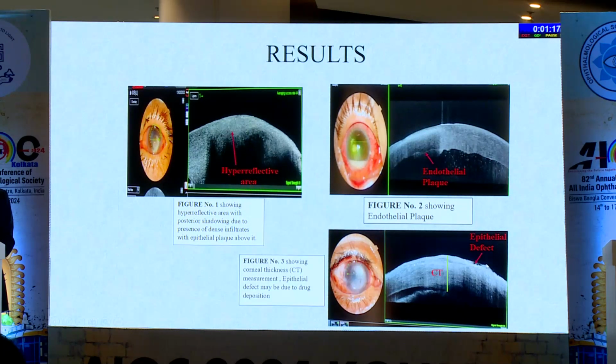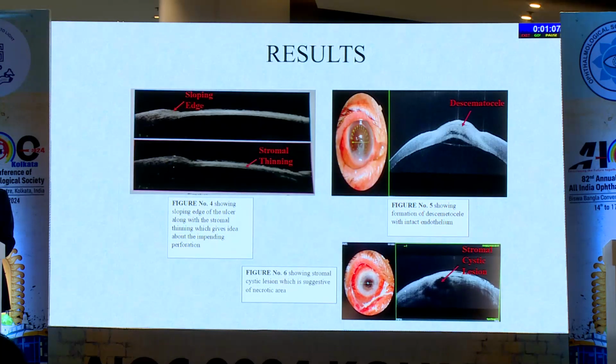There is an epithelial defect seen, which may be because of drug deposition or a pigmented area. This image shows the sloping edge along with the stromal thinning. This image shows the stromal cystic lesion, which is also suggestive of a necrotic area.